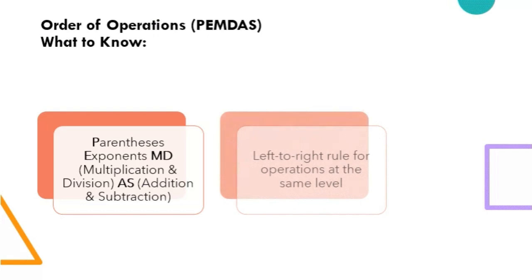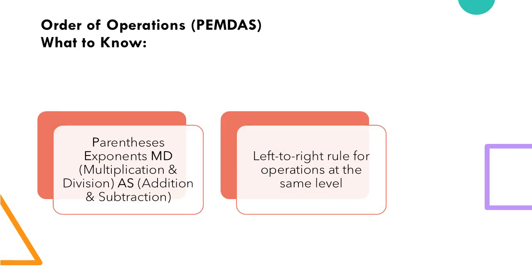This means we always start with parentheses first. Anything inside parentheses has to be simplified before moving on. Next, we take care of exponents, things like squared numbers or cube roots. Then we handle multiplication and division, but here's something important. Multiplication and division are done in the order they appear from left to right, not necessarily multiplication first. The same goes for addition and subtraction.